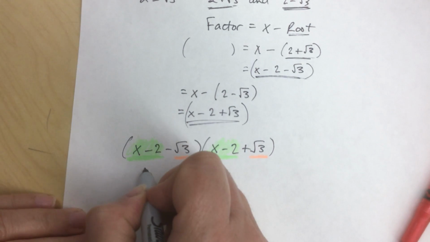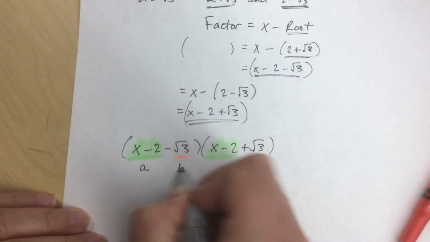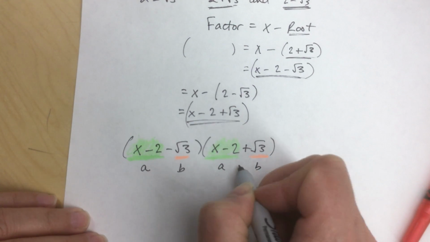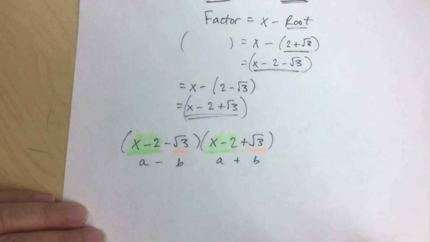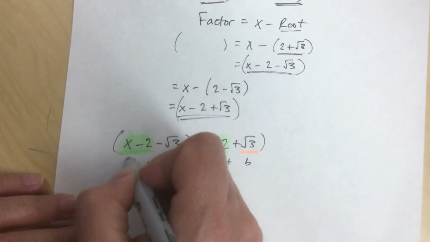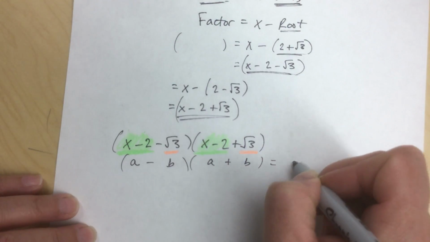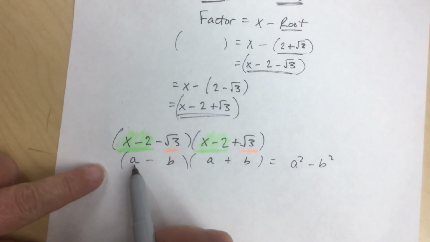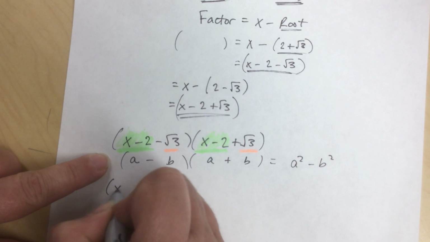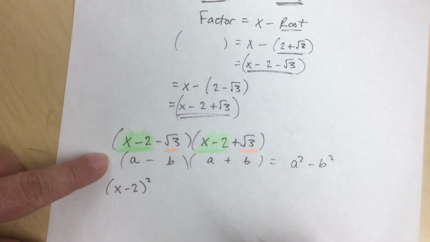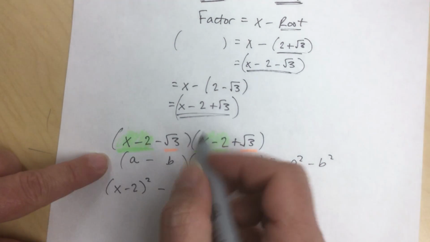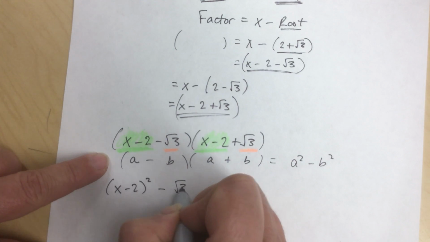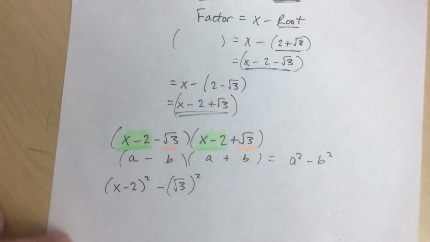If your green thing is A and the orange thing is your B, and you have an A minus B and an A plus B, then we know that that's equal to A squared minus B squared. So if your A is x minus 2, you're going to do x minus 2 squared minus B, which is radical 3 squared.